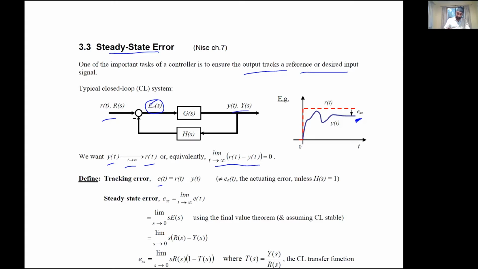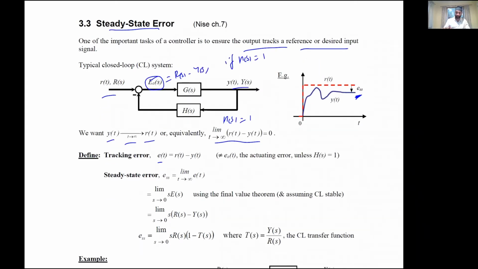However, if we assume that the feedback transfer function H(s) is equal to 1, in that case, E_a is just going to be equal to R(s) minus Y(s), in which case this E_a signal is going to be the same as the Laplace transform of the tracking error signal.